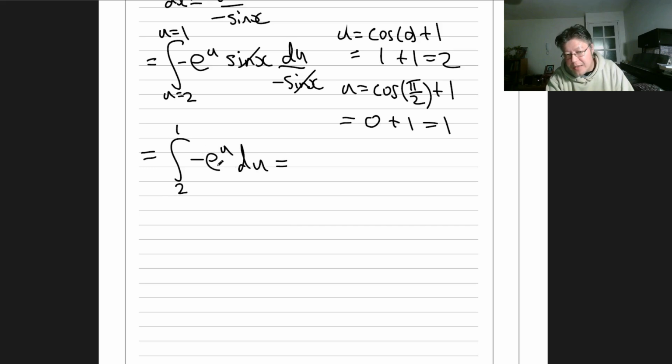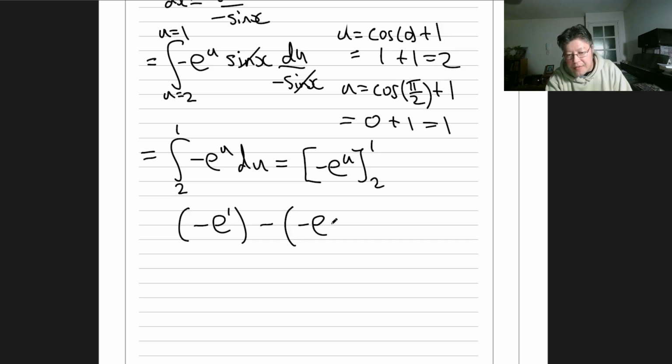The integral of negative e to the u is still negative e to the u. We put the limits on the right, and now we can substitute 1 in and 2 in and subtract them. So if you plug 1 in, you get negative e to the 1 minus negative e squared, and we'll just simplify this.